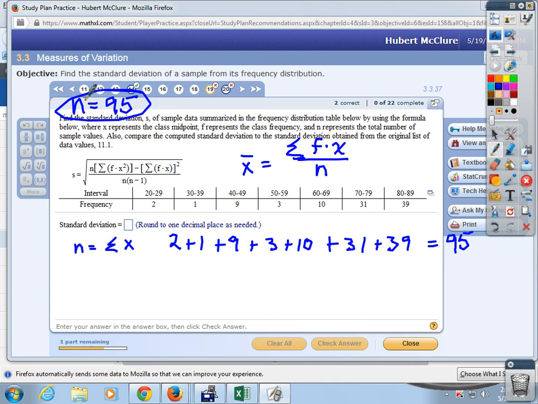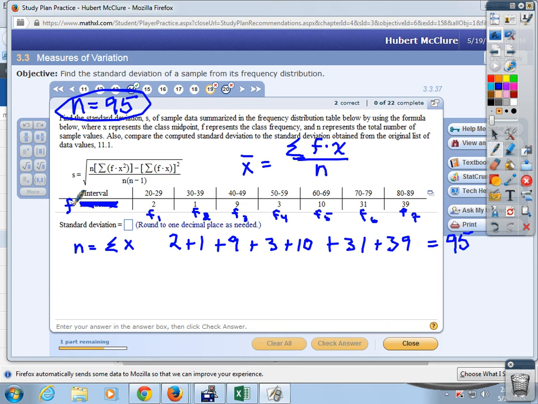Well, what about X? F is each one of these numbers right here. This is f sub 1, f sub 2, f sub 3, f sub 4, f sub 5, f sub 6, and f sub 7. So you're going to have to do another chart just like we did on the last one. F is equal to each one of these frequencies.